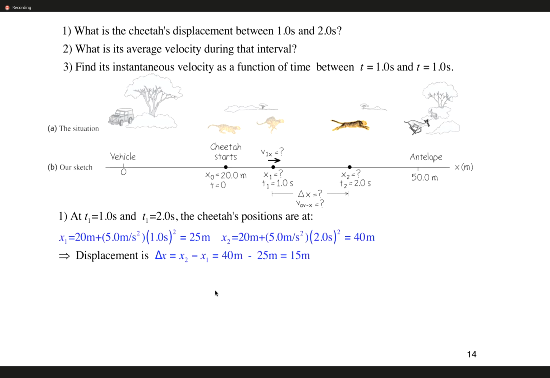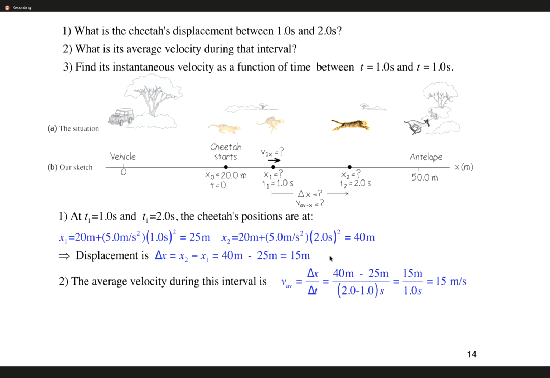Now, there's a slight typo here. The displacement is a vector, meaning that there should be a direction here. I will need to make note of that and adjust the slides on Top Hat and the PDF lecture.